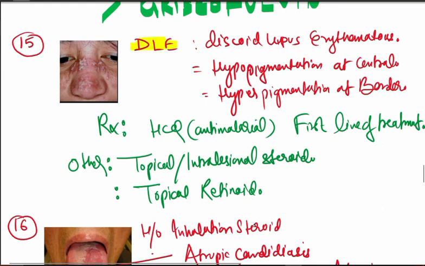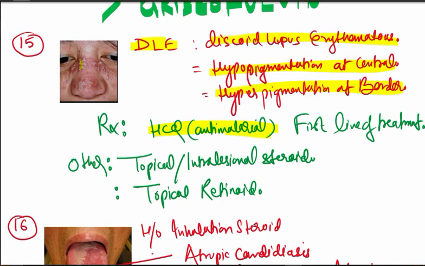DLE, the next condition, is discoid lupus erythematosus. On the face we are seeing hypopigmentation at the center and hyperpigmentation at the border. So this is treated with HCQ, hydroxychloroquine.